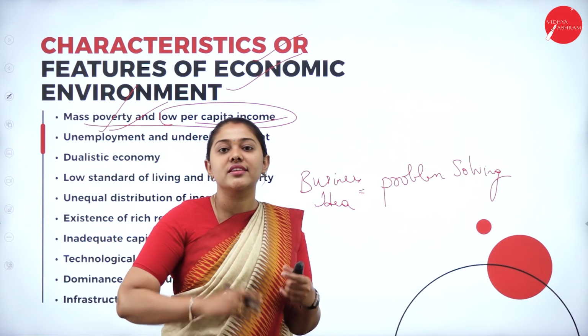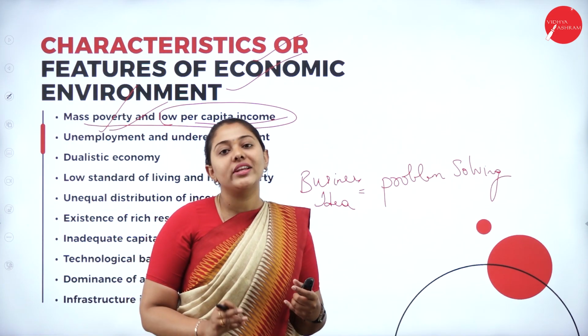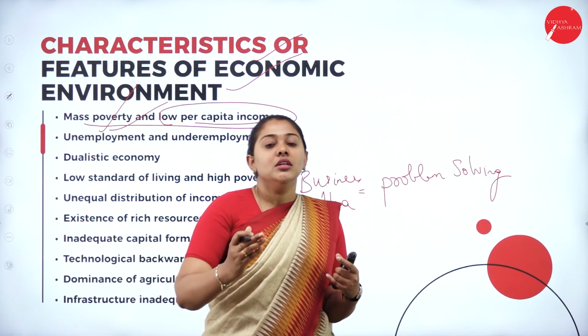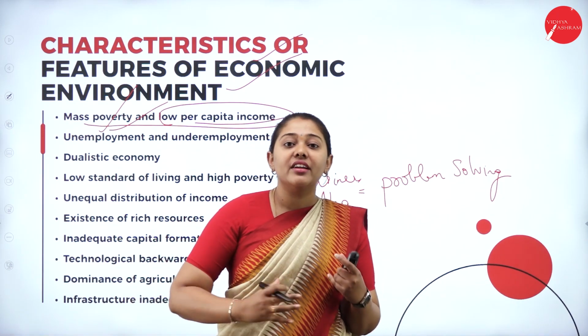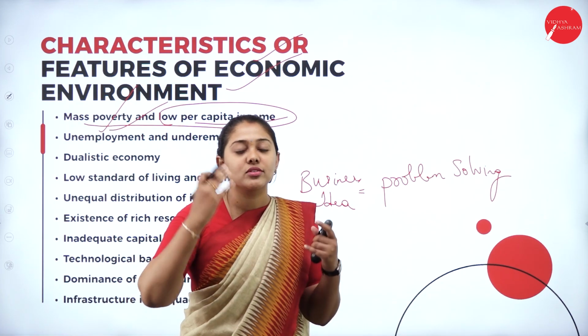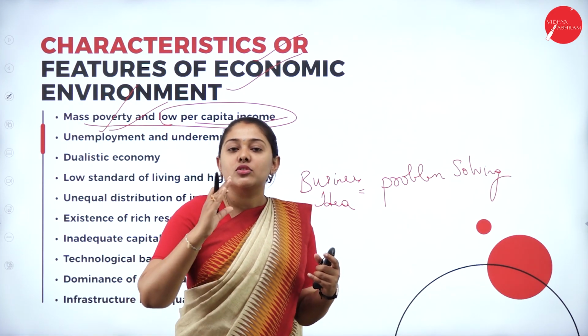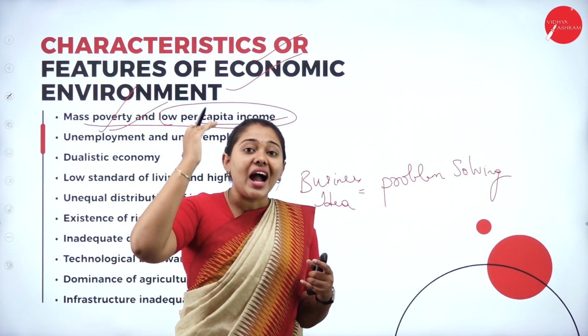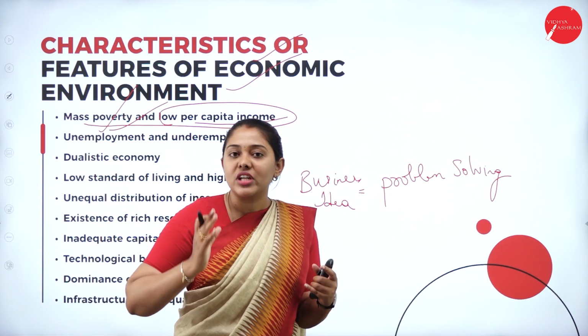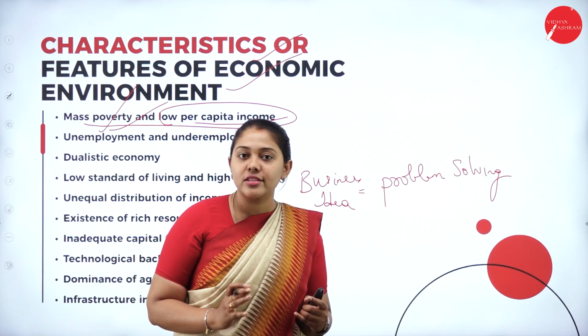So when the sachets came, even the low income group, the below poverty line people, and the middle income people started consuming all kinds of products. So they got to know what the products are. As a businessman, it is not that only the high income group is to be targeted; they have to target the entire economy, the entire society.